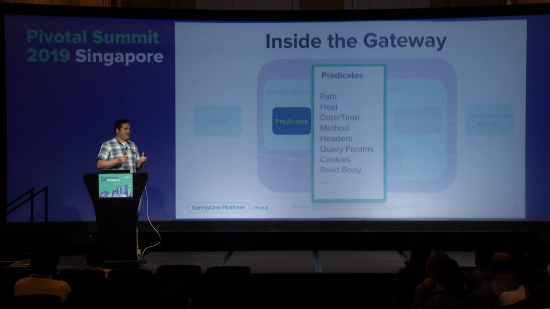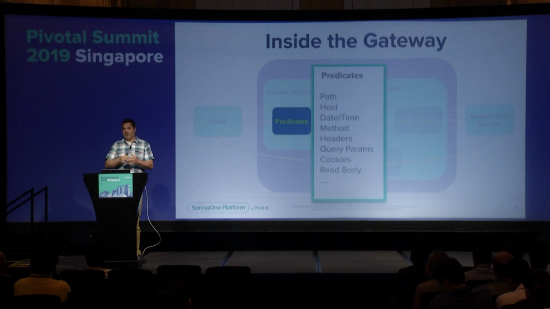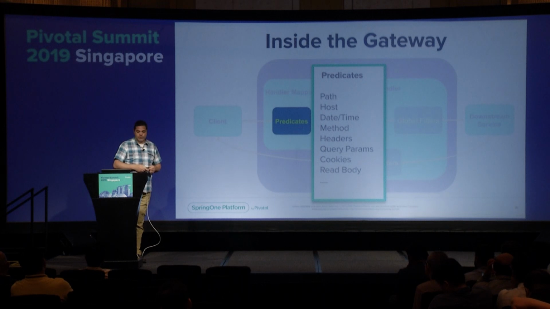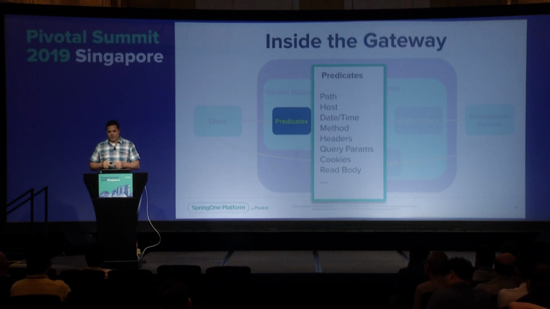People always wanted to be able to match on the request body, but it comes with a warning, right? Once you read the body into memory, you've now become memory constrained, right? So you're less efficient with your resources because now memory is the limiting resource, okay? So it can happen, but should only be used for special cases.